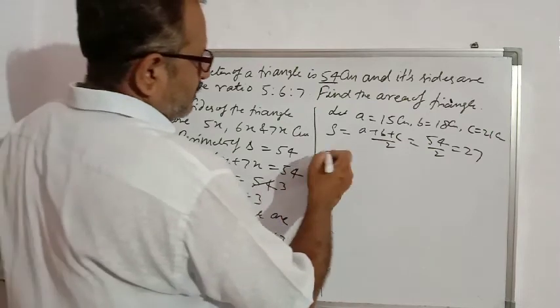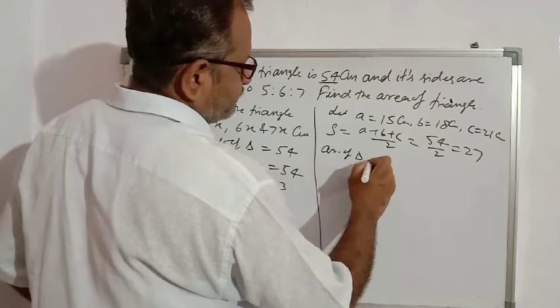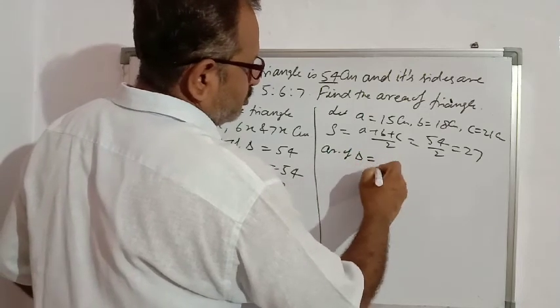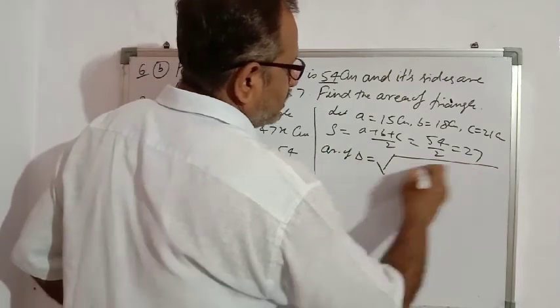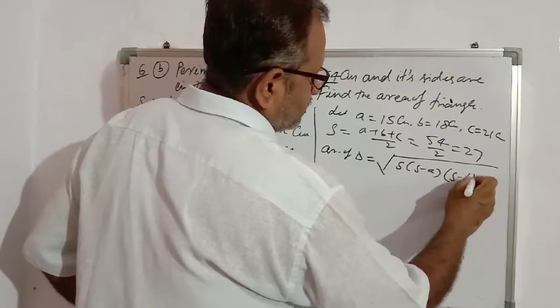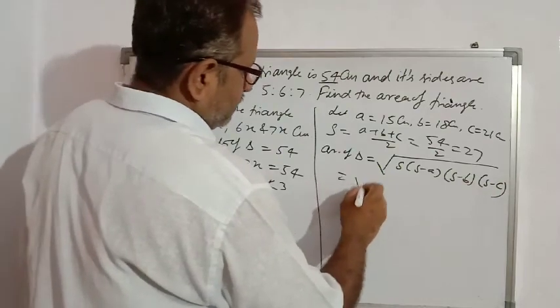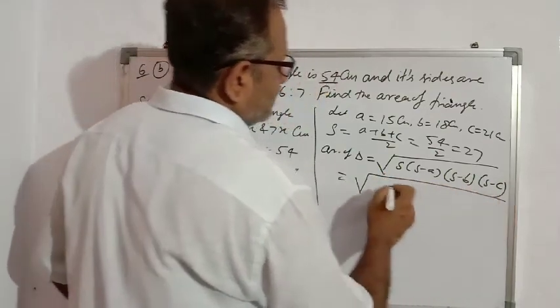Area of triangle using Heron's formula is root of S into (S minus A) into (S minus B) into (S minus C). So what is S?